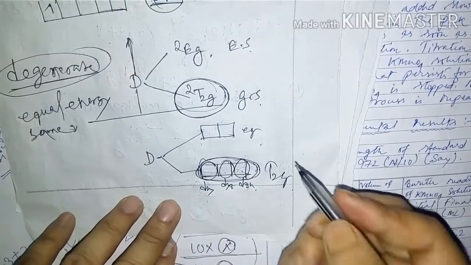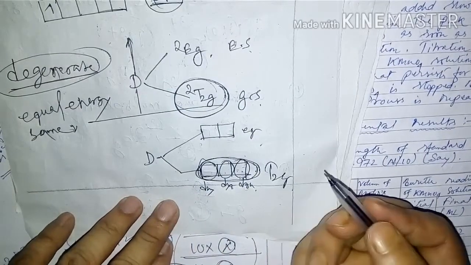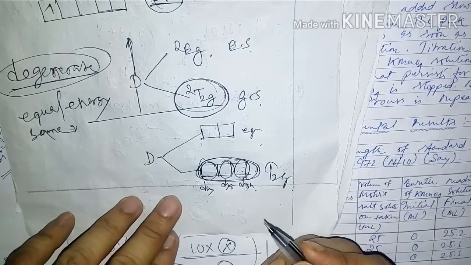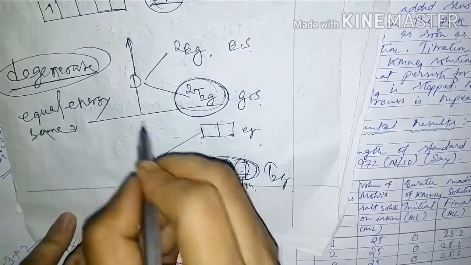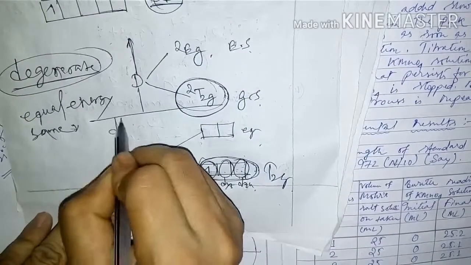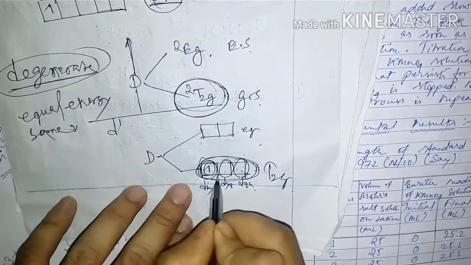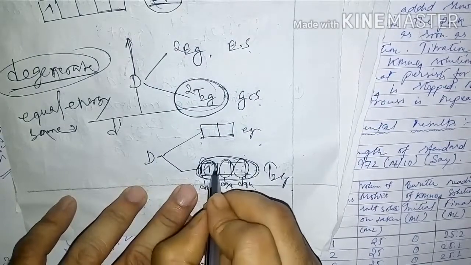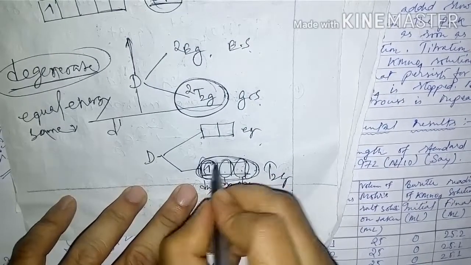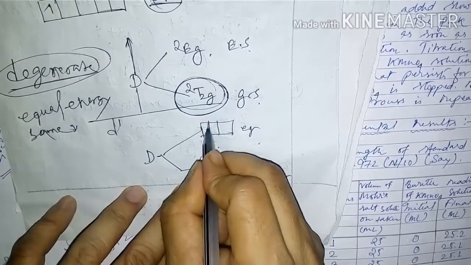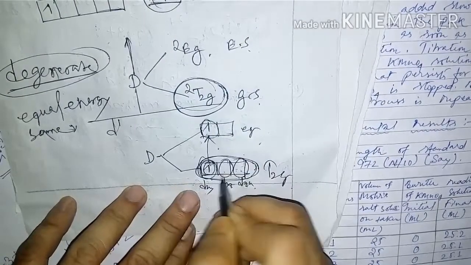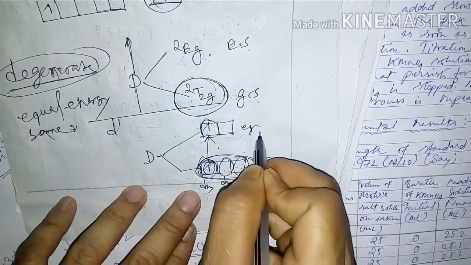Now, on absorption of radiation, the electron gets excited. Since it is d1, there is 1 electron here, and this electron is excited from t2g to eg.